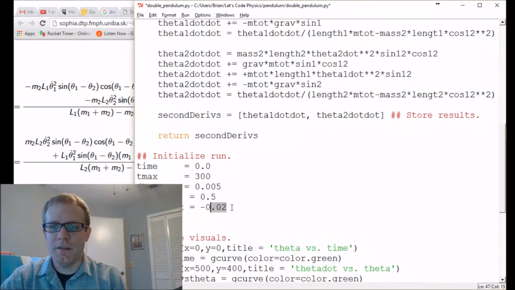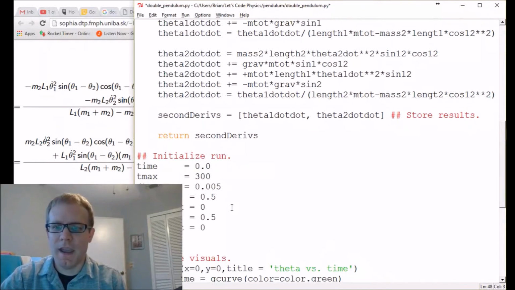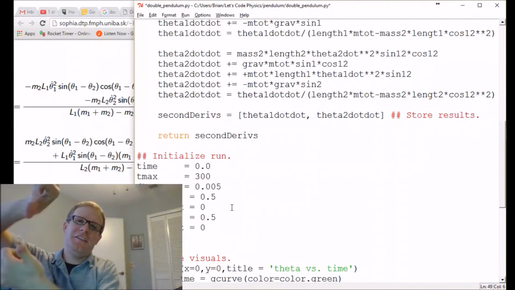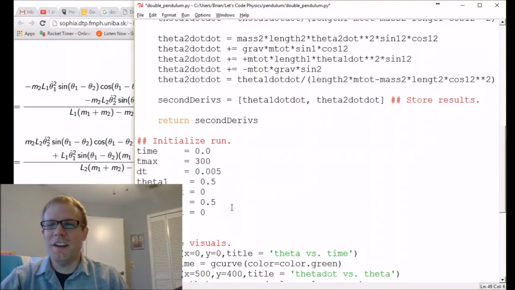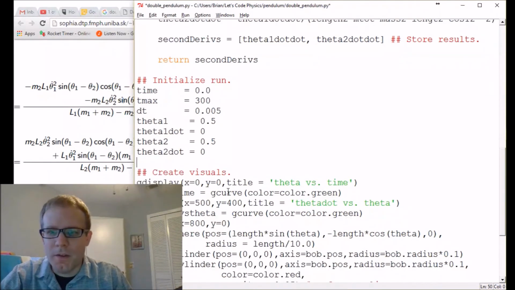And let's make that a 0 just to make it easier on ourselves. And let's put these folks out at the same angle. That way they start out like this, and we'll see what they do. So I got theta 2 and a theta 2 dot. Okay, cool.